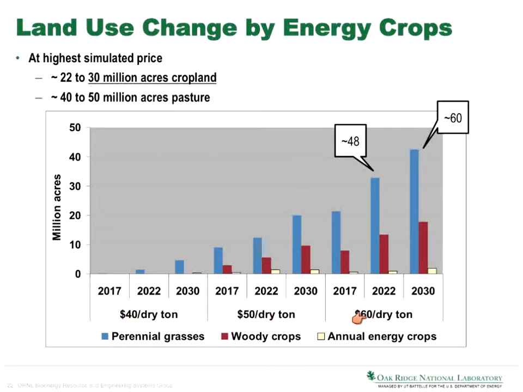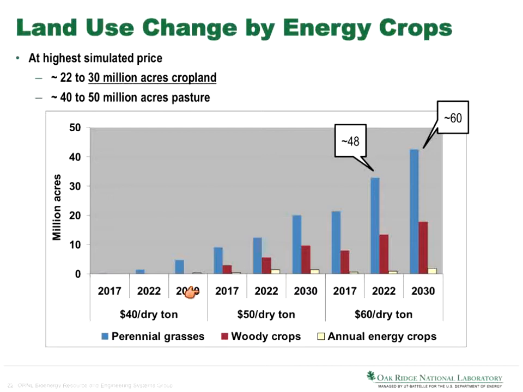So here we have different farm gate prices in different years, and what I might do is just focus on the most aggressive scenario, which, mind you, eventually produces, for example, at $60 a ton under the base case scenario, about 1 billion tons of biomass by 2030. That is approximately 4 times the amount of biomass that would be needed to meet current RFS targets of 21 billion gallons a year by 2022 and staying flat after that.